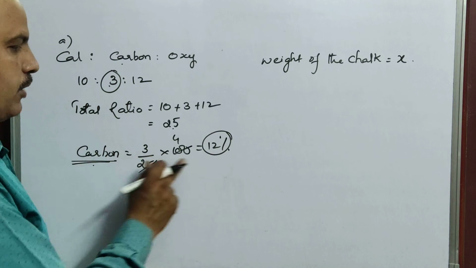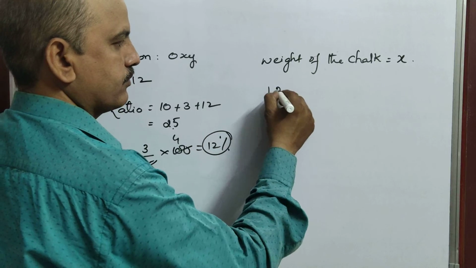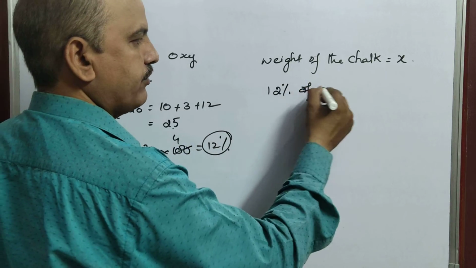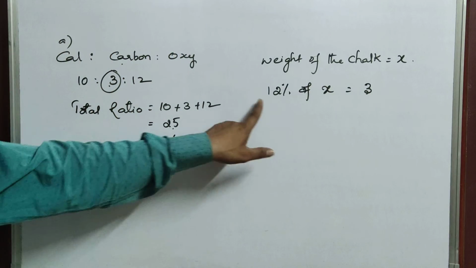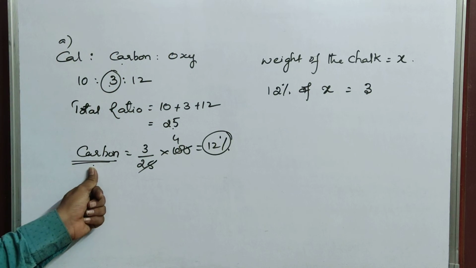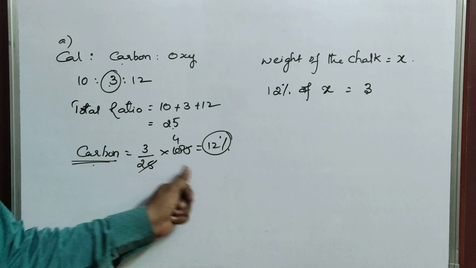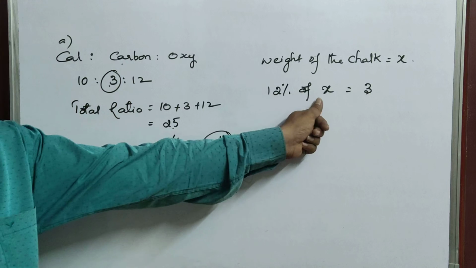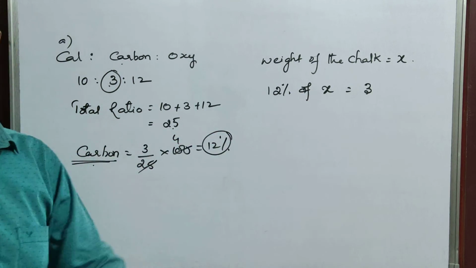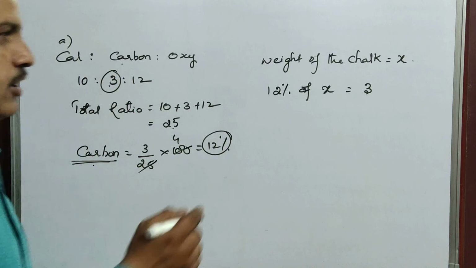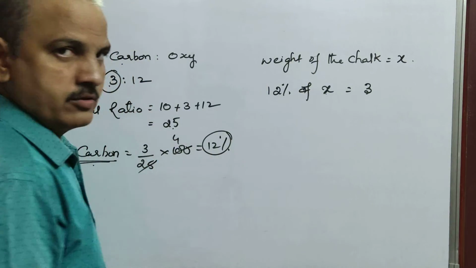But how? 12% of X equals 3 g. Why? Because 12% means what? Carbon we already know in the before question. Carbon only is 12%. So in this 12% of chalk, 3 g is carbon. Now we have to find the weight of the chalk.